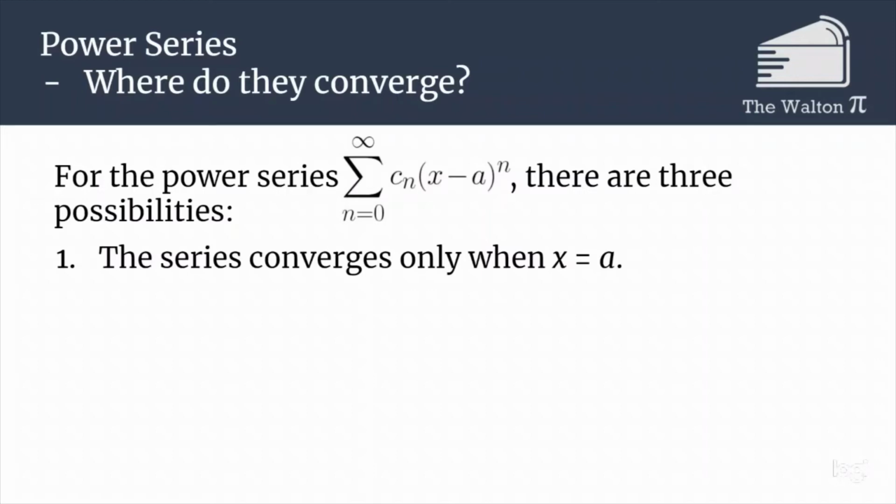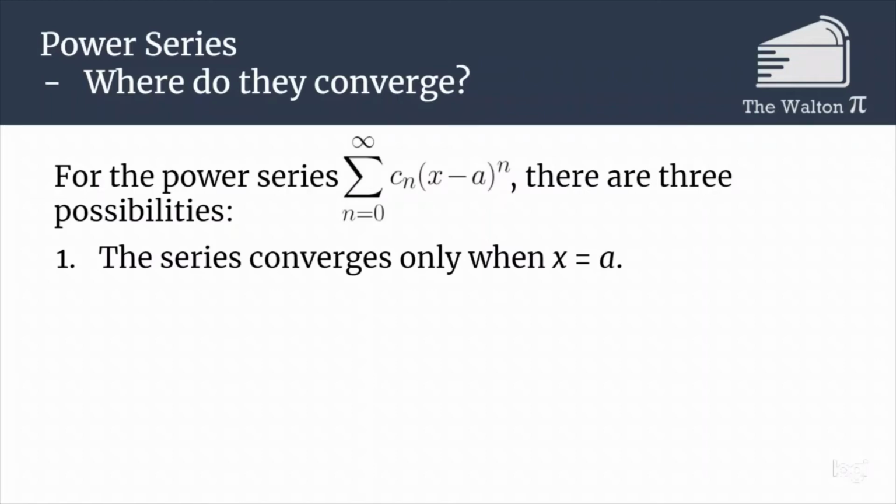So we're going to take the convention that 0 to the 0 is 1, in which case this is just going to be c sub 0. And then c sub 1 times 0 to the 1, well that's 0. c sub 2 times 0 squared, that's also 0. And so what we are going to be left with is just c sub 0. So it'll converge to just the first constant.